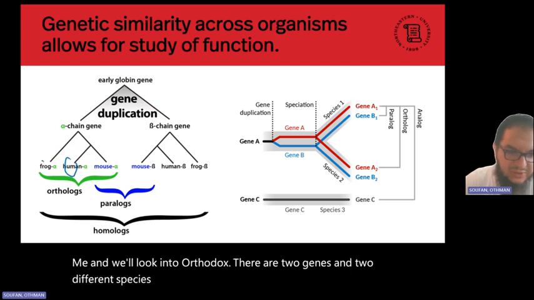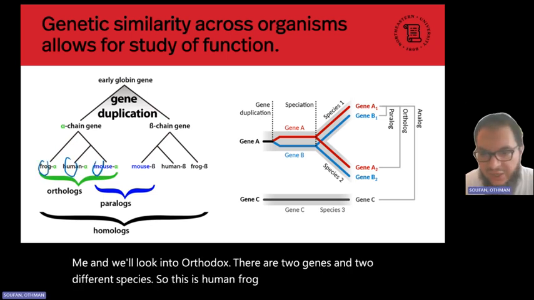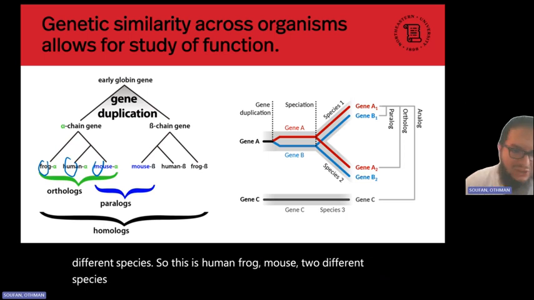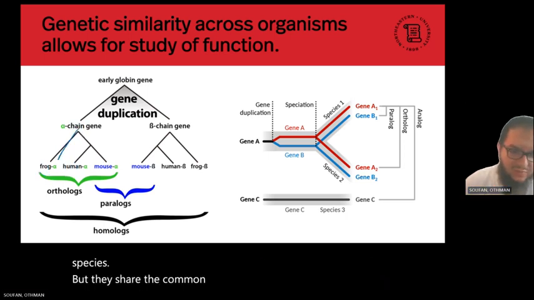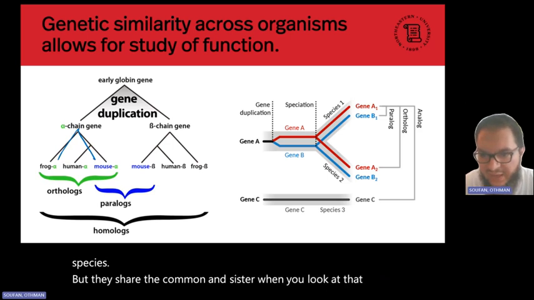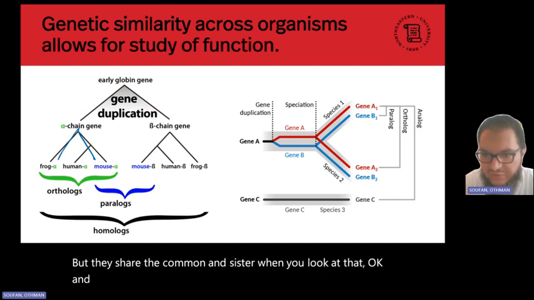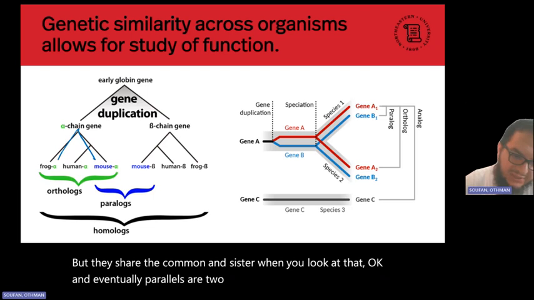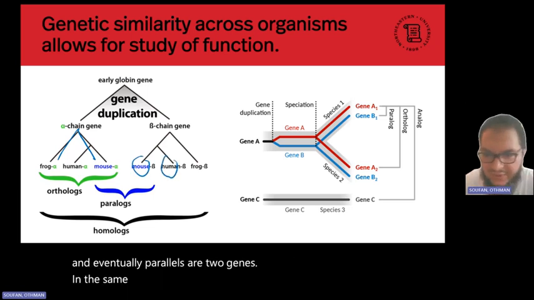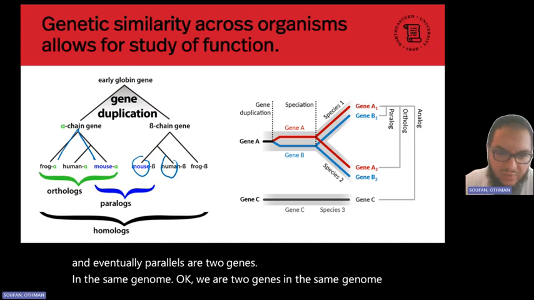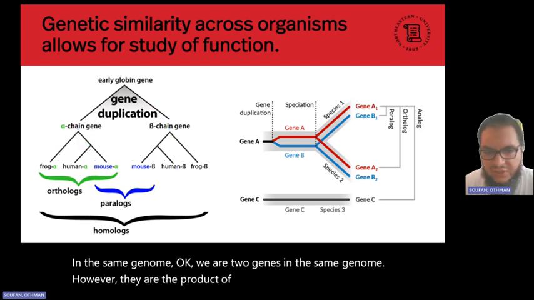So this is human, frog, mouse, two different species, but they share a common ancestor. And eventually, paralogs are two genes in the same genome. However, they are the product of that gene duplication process, so they can be traced to that gene.